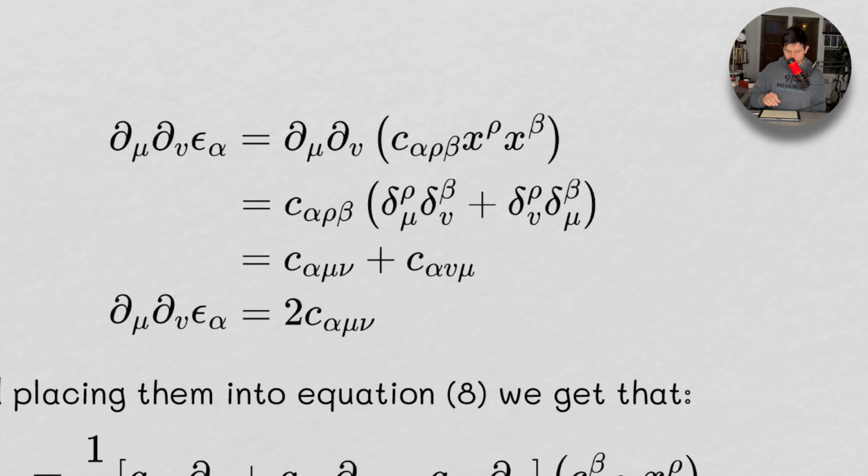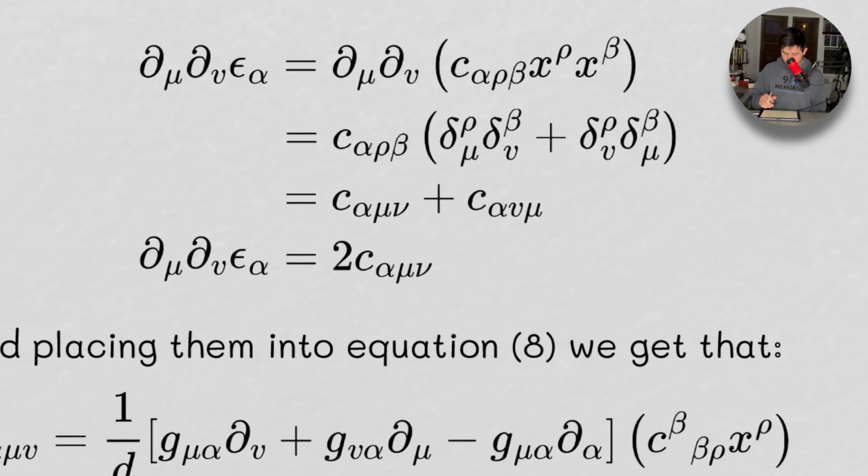It's the same principle as what we did before. And so, again, this is just raising and lowering indices. So we raise and lower indices now. So we have mu nu, here's our mu nu, rho beta.